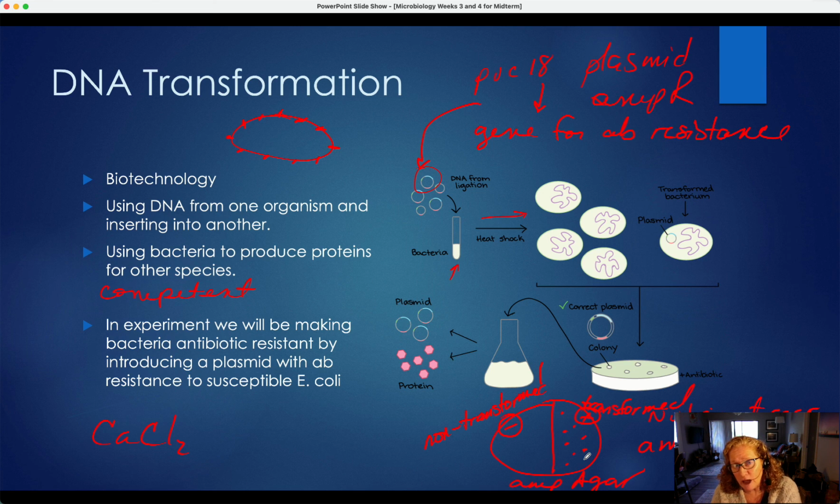Some of the bacteria in that culture successfully incorporated that gene and successfully transcribed and translated that gene so that those bacteria are capable of becoming ampicillin resistant. So we would see growth on the positive side of the plate and no growth on the negative side of the plate.